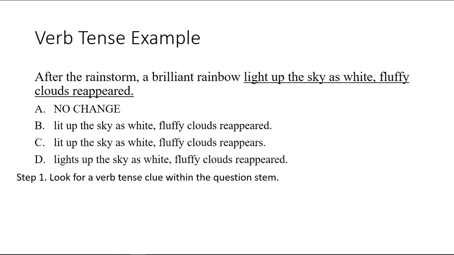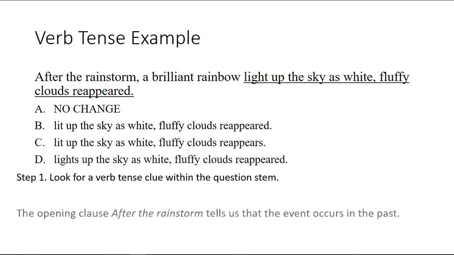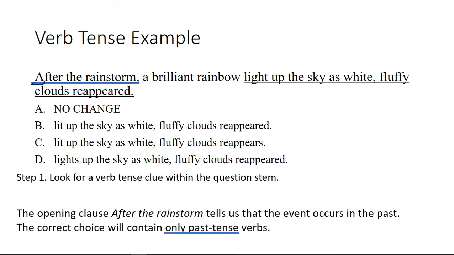In other words, you want to look at parts of the sentence that are not underlined to find out exactly what tense we're supposed to be using. So we notice here, after the rainstorm, is telling us that the event occurs in the past. So the correct choice will only contain past tense verbs.